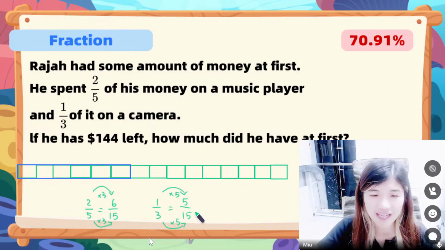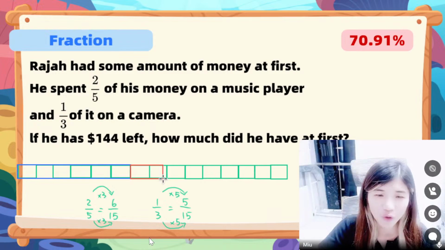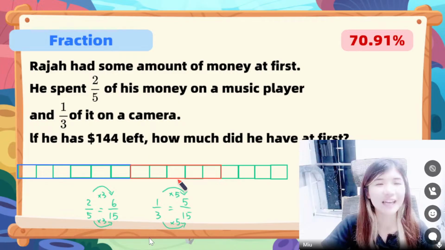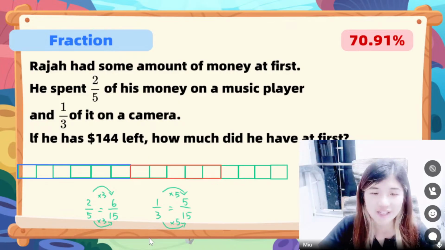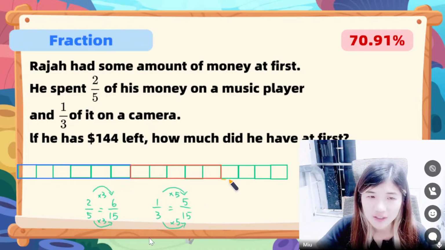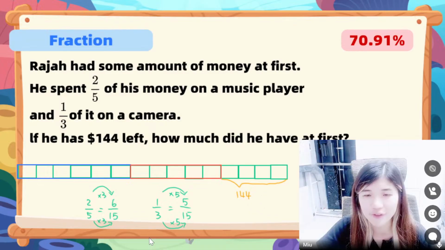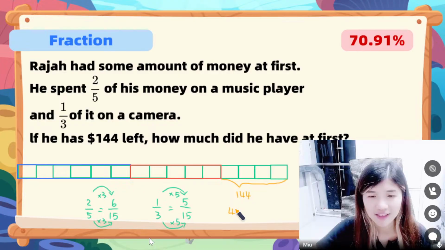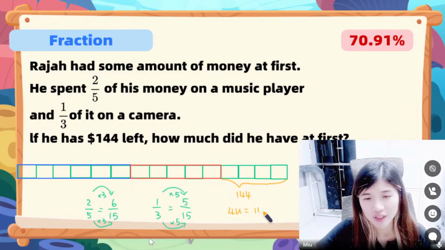So that means for this part, 5 over 15 is on the camera. So he still has $144 left, which means 4 units is 144.